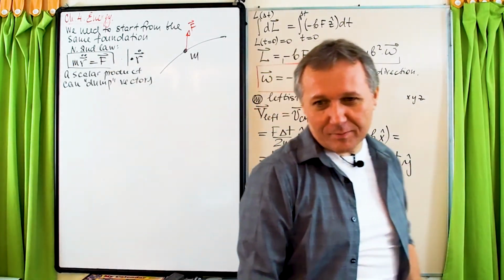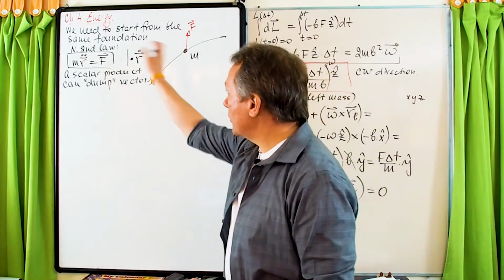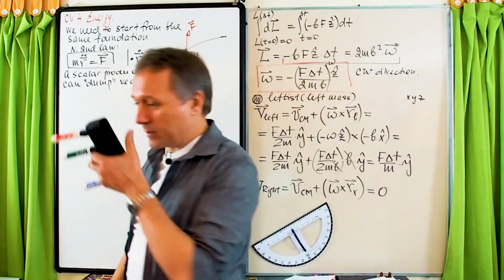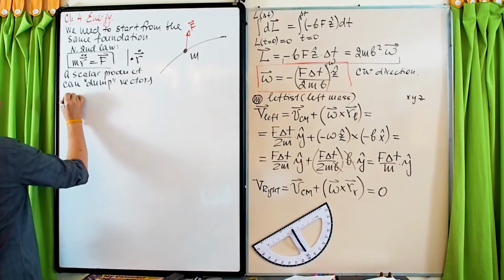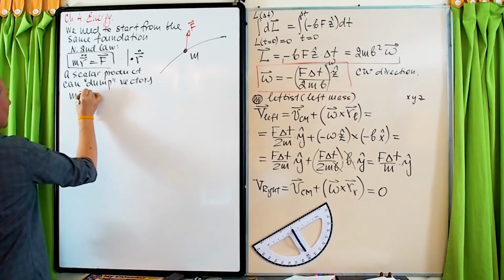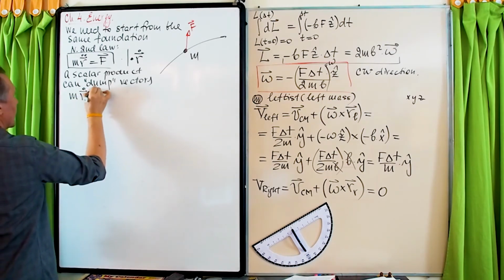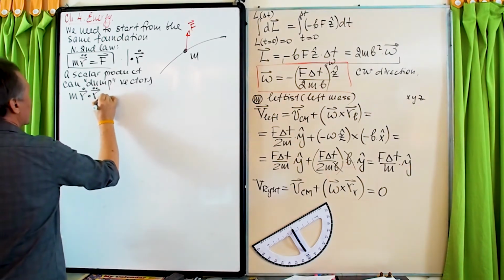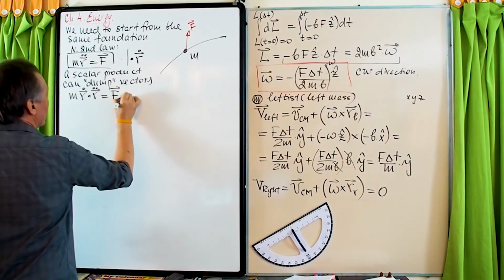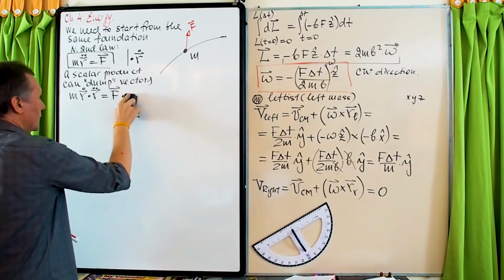That's why we multiply both sides of the equation, dotting with r dot. As a result, we will end up with m r double dot dot r dot. I changed the order, but in a scalar product, who cares. Equals F dot with r dot.